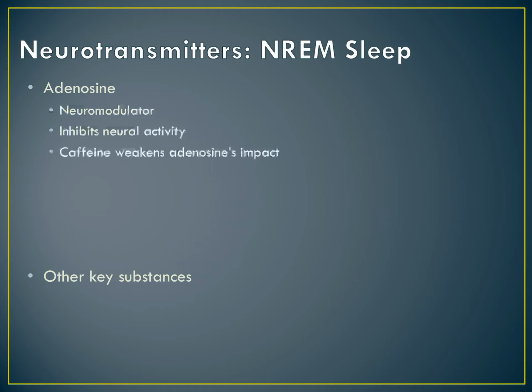When we consume a cup of coffee or drink an energy drink, caffeine interacts with adenosine in a way that blocks it out. It weakens its impact. So when we consume caffeine and we want to feel awake, that's going to help dampen adenosine's effect.